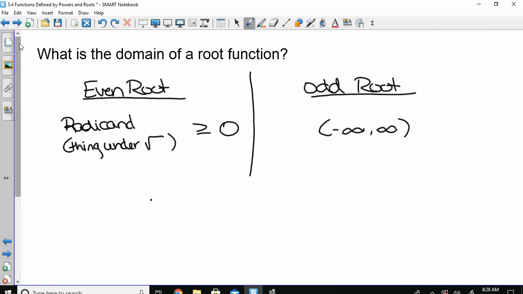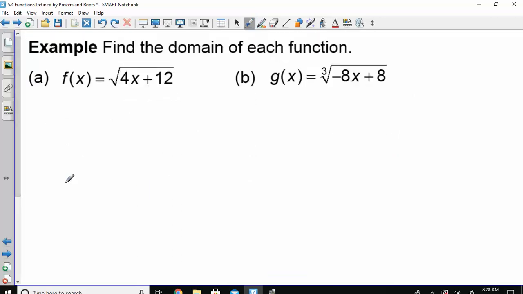Well, let's look at some. So for the first one, is this an even or an odd root? Even.